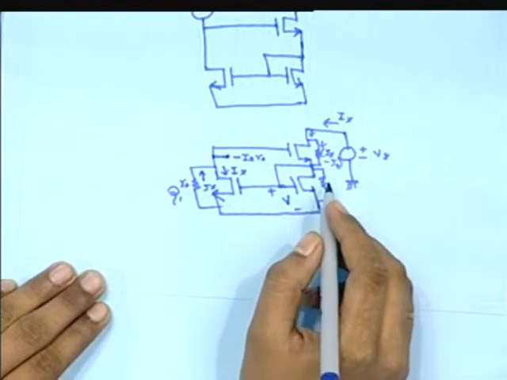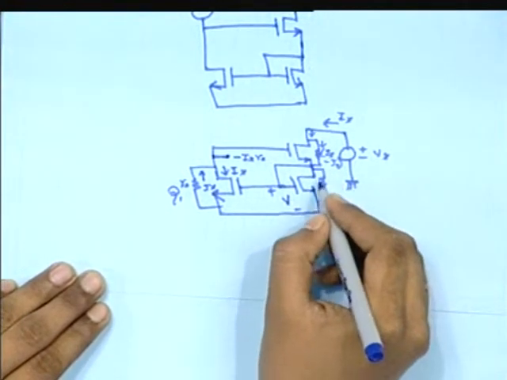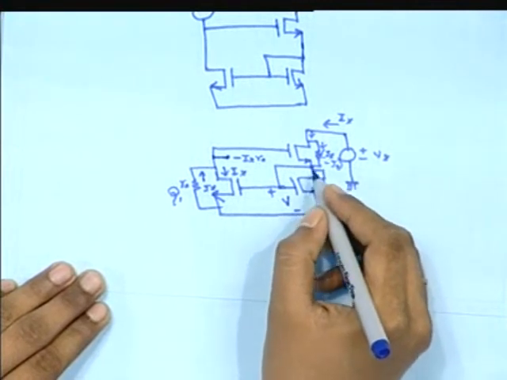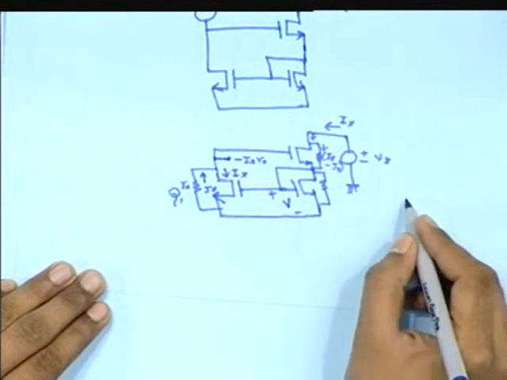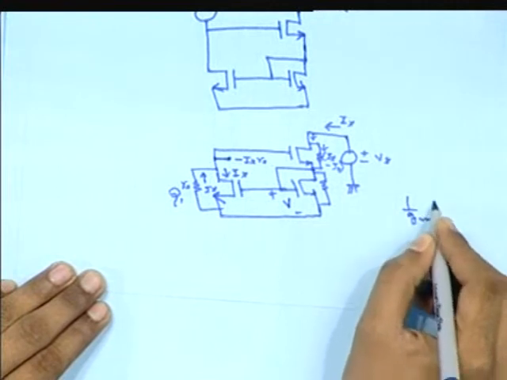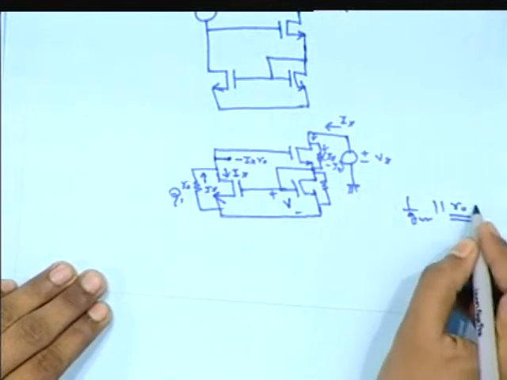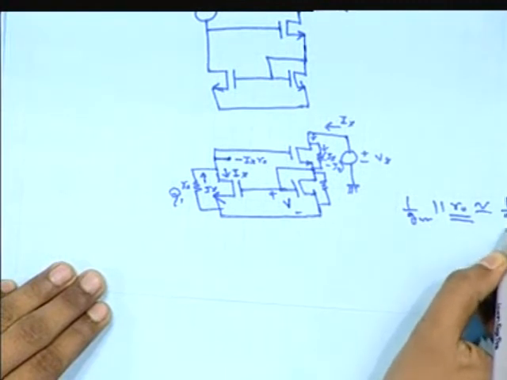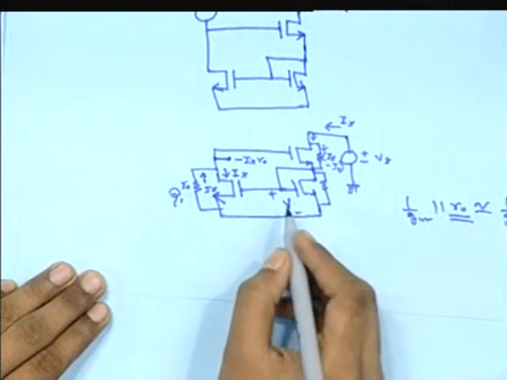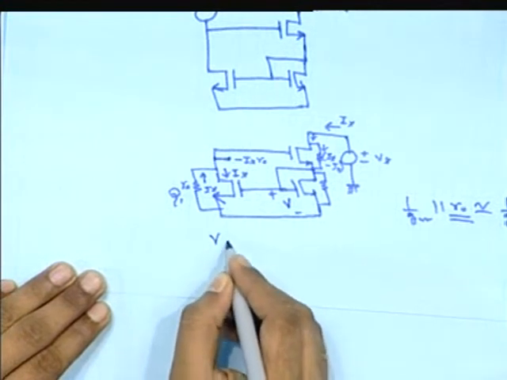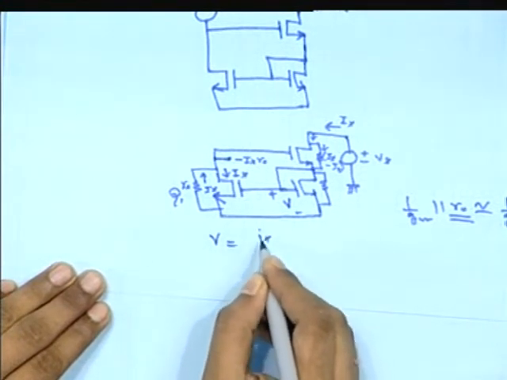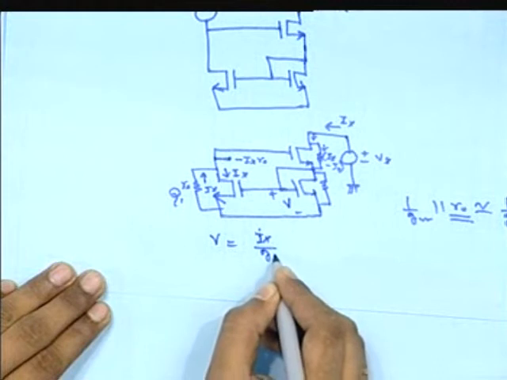In that case there will be current Ix through this, and the input resistance of this NMOS will be 1 by gm parallel R naught, and since R naught is very high, it may be approximated as 1 by gm. Hence we can see that V will be nothing but Ix by gm.